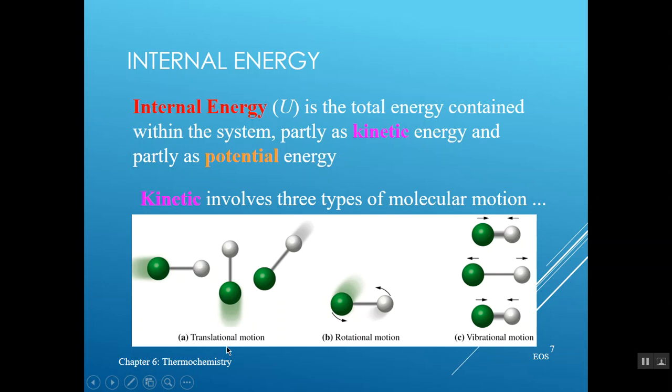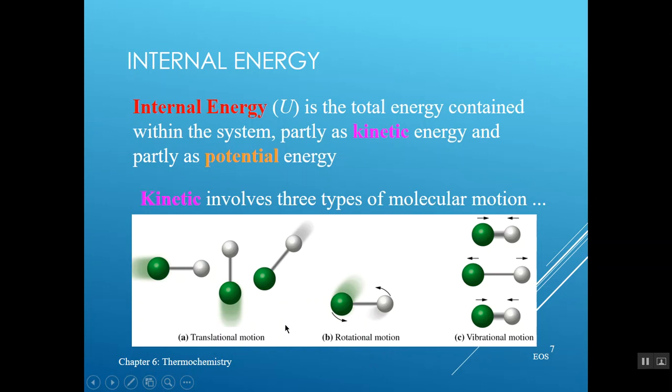Now, in the case of translational motion, what that means basically is that the particles, molecules, whatever, will be moving in straight lines, only deviated from the straight line direction if they're hitting other molecules or hitting the walls of the container. Rotational motion, as the name suggests, involves or implies the molecule rotating around a certain axis.